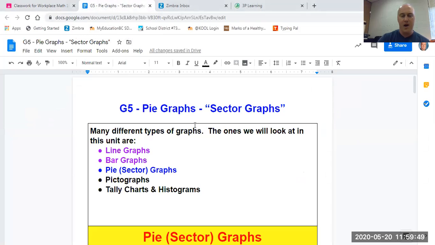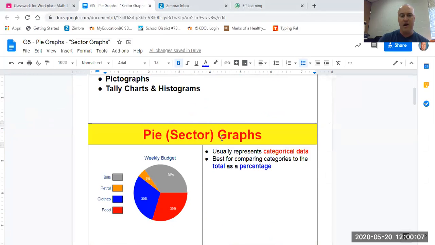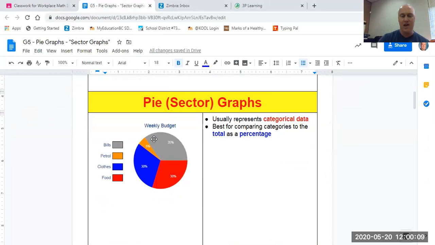So let's take a look what this looks like. A pie graph is sort of the third type of graph that we'll be looking at in this unit. We've already looked at line graphs. We just finished looking at bar graphs. And now this is the start of us looking at pie, or what Mathletics calls sector graphs. So what is a pie graph? Well, a pie graph is basically, as the name would suggest, a round graph.